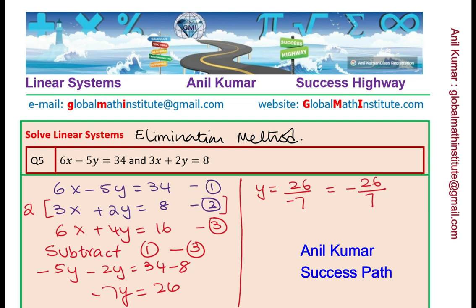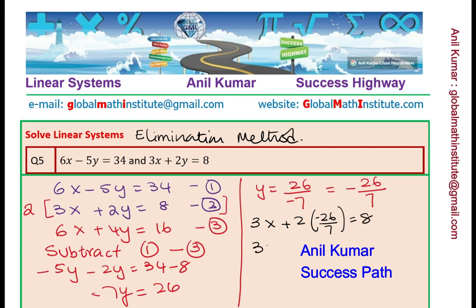Now to find the value of x, what we need to do is to substitute this value of y and then find the value of x, right? So we can use any one of these equations. So the second equation was 3x plus 2 times y. So we'll substitute minus 26 over 7 here, equals 8.